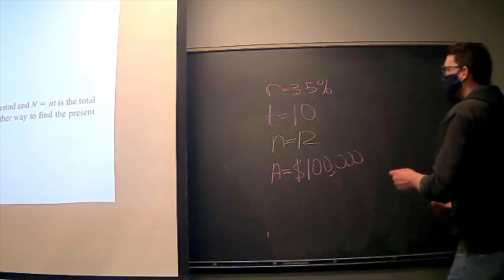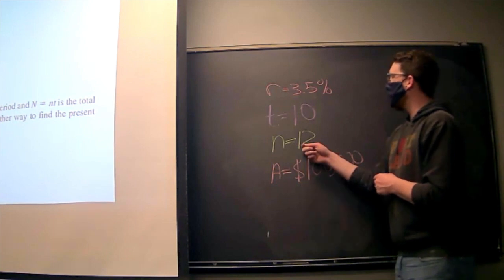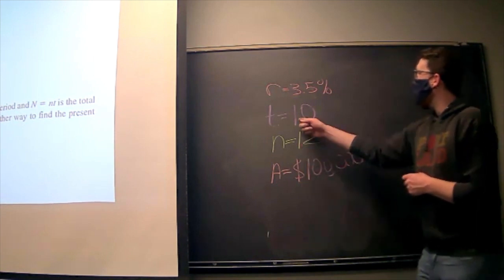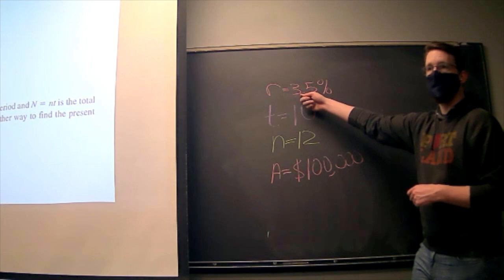The present value says, all right, you want $100,000, you want it to compound monthly over 10 years at a rate of 3.5%. How much are you going to pay right now for your CD? Does that make sense what I mean?